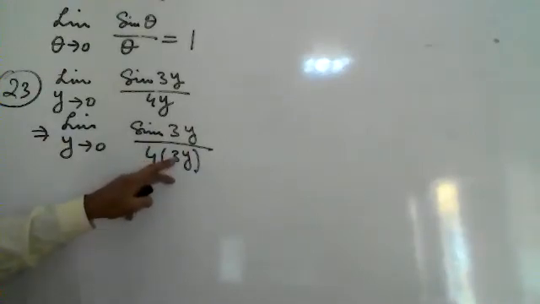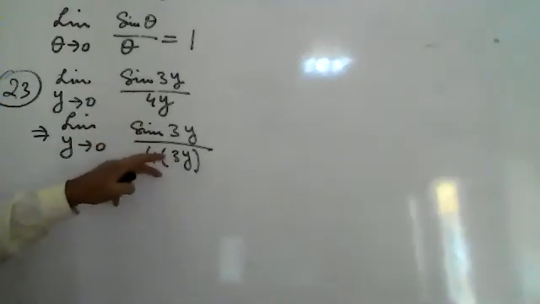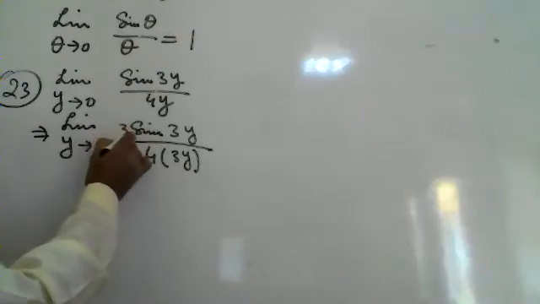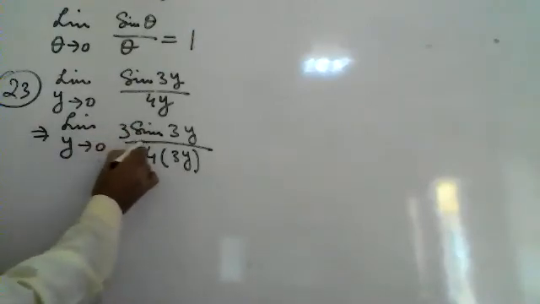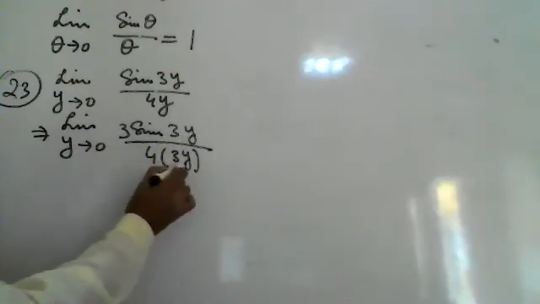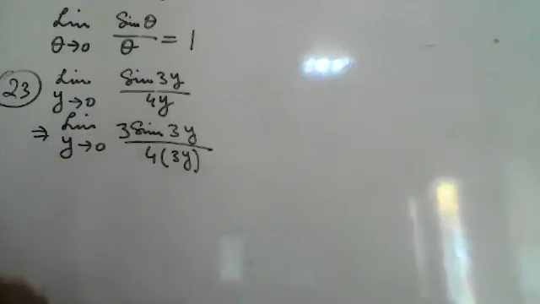When we multiply by 3 in the denominator, we will multiply by 3 in the numerator also, as we have done in the previous question.